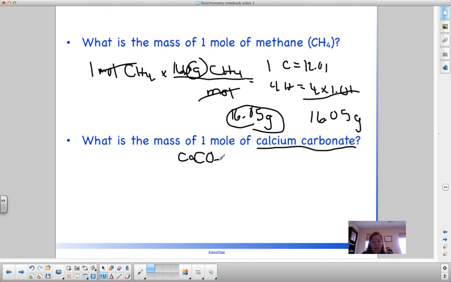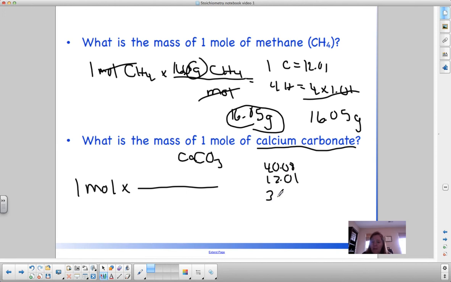Calcium carbonate. And we start with 1 mole because that's what it's asking us to do. Okay, and then we're going to go and calculate all of these. So again, you're going to take 1 mole of calcium plus 1 mole of the carbon and 3 moles of oxygen and add all of those up. So calcium, if you look on your periodic table, is 40.08. And then we know that carbon, if you don't have this memorized by now, you will, is 12.01.